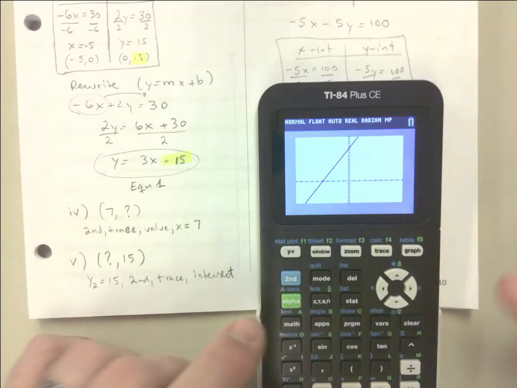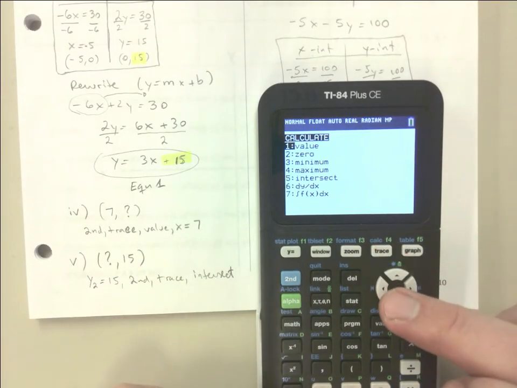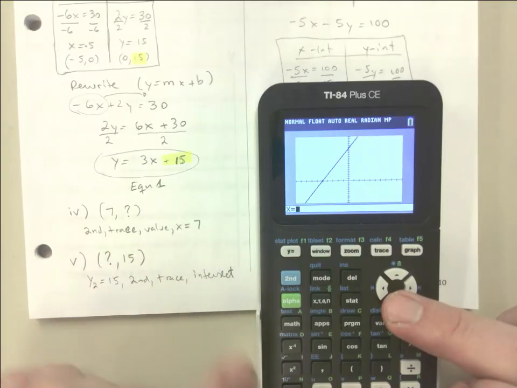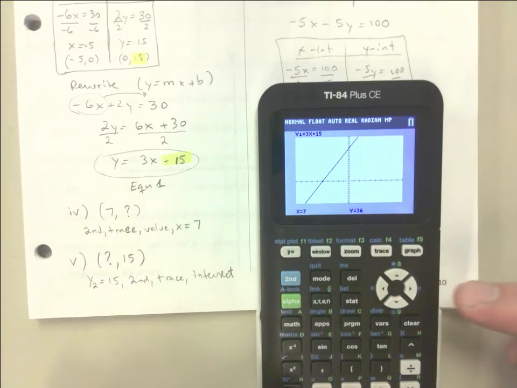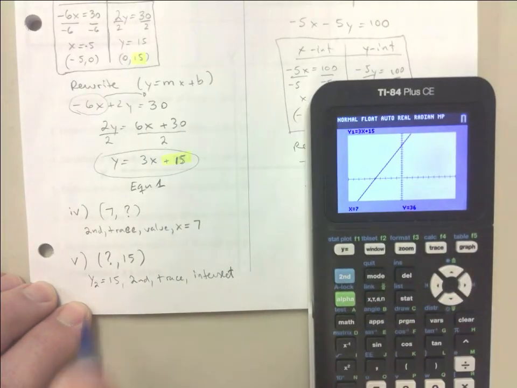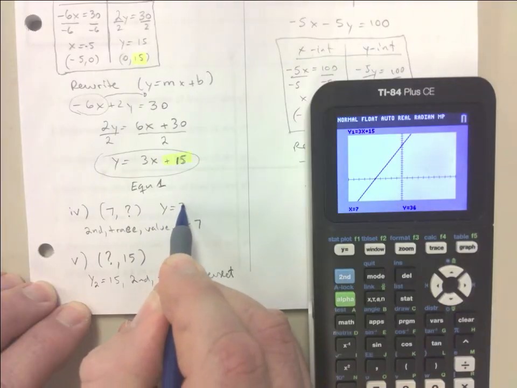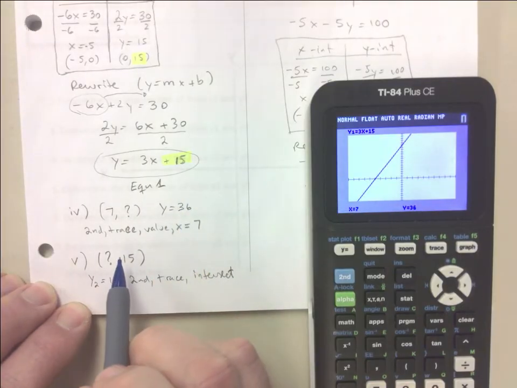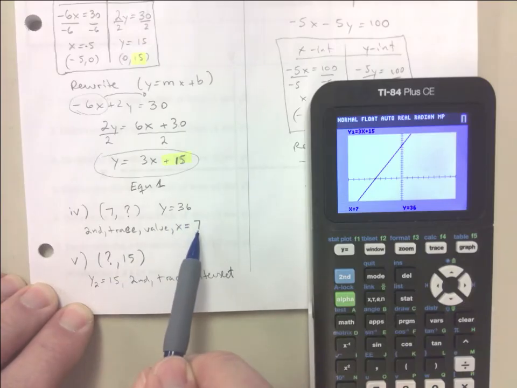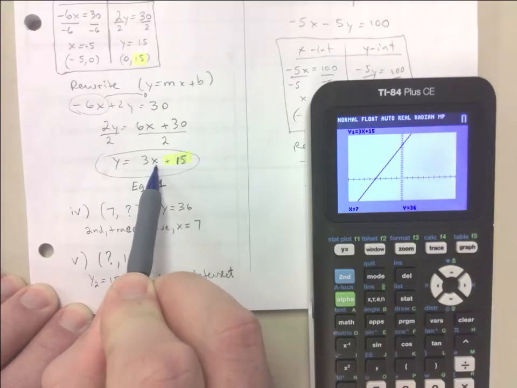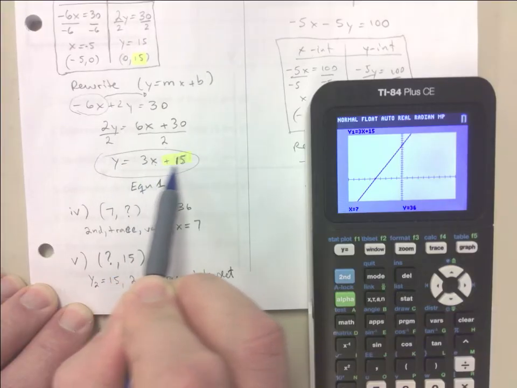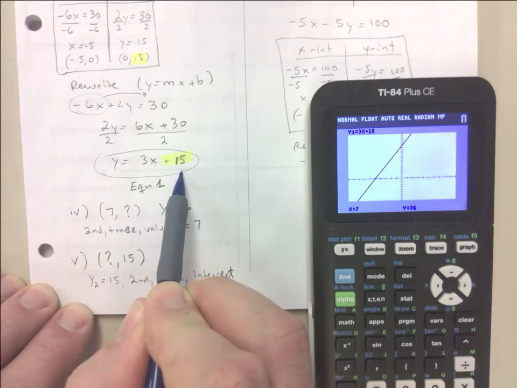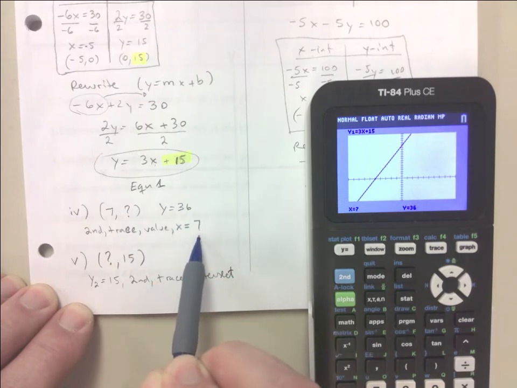So let's do this first one. Second trace value, x is equal to 7 and y is equal to 36. By the way, if you just plugged in 7 for x here and you just solve the equation, you would get the same answer. So it's up to you what you want to do.